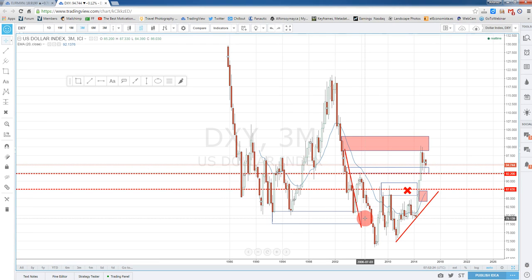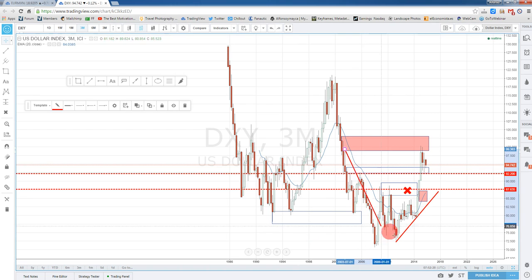So long again? No way. So we can have shorts. So now price drops there, breaks the trend line with that candle on the 3 months, and this is a brand new area of demand on the 3 months, retraces, and from there, this is what happened on dollar index.